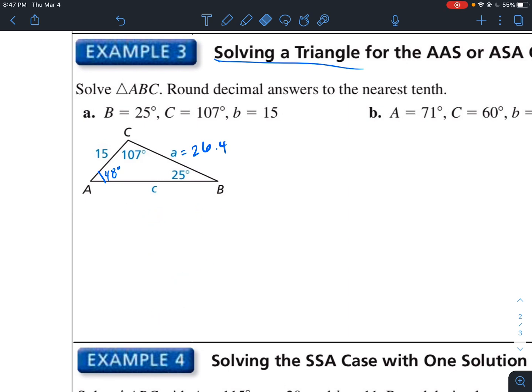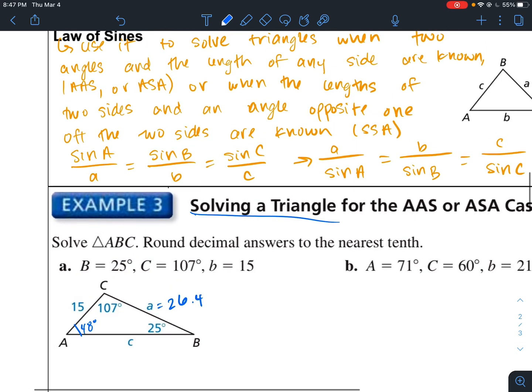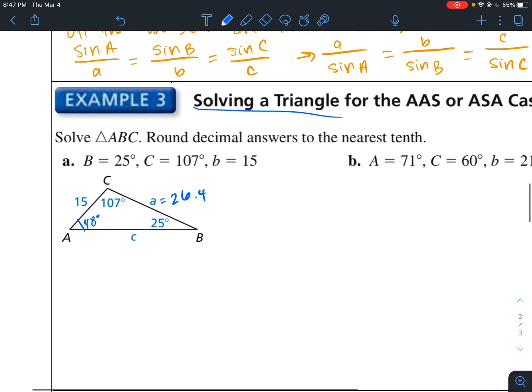Okay. Now I still need to find side length C. So I'm going to use, again, the same thing, but I'm going to use sine of B and sine of C. So sine of 25, which is angle B, divided by 15 I could write as equal to sine of 107 over C. I can use the same method of cross multiplication.